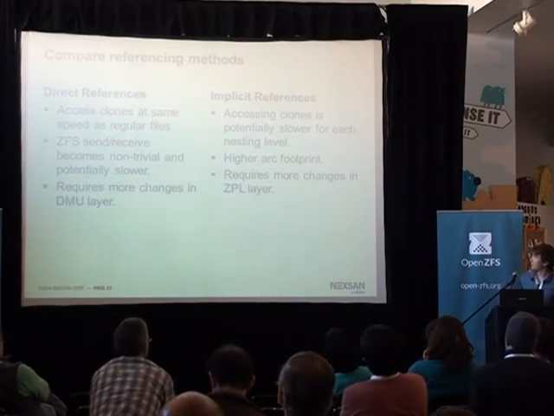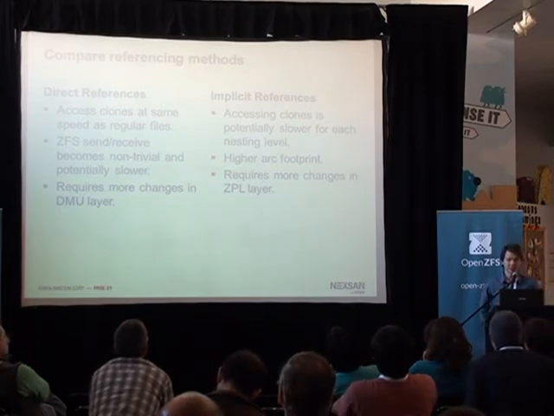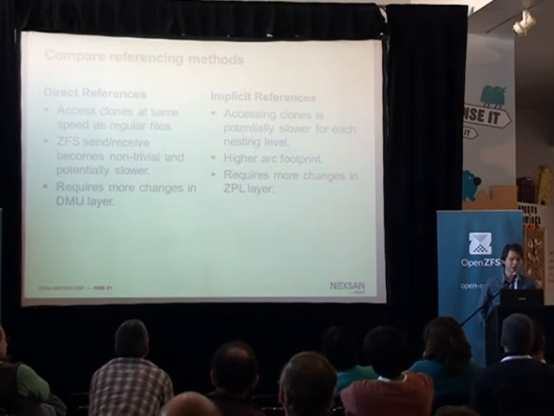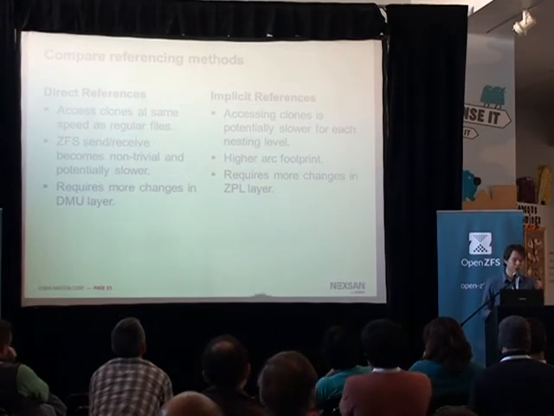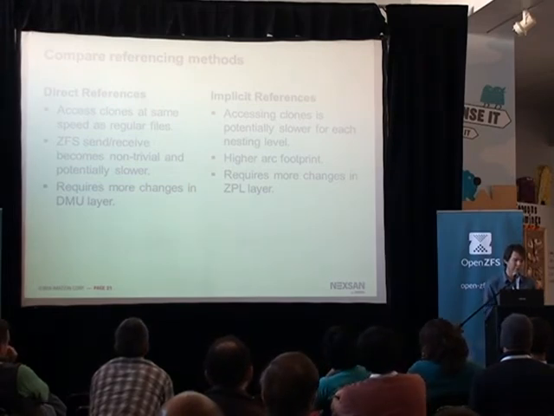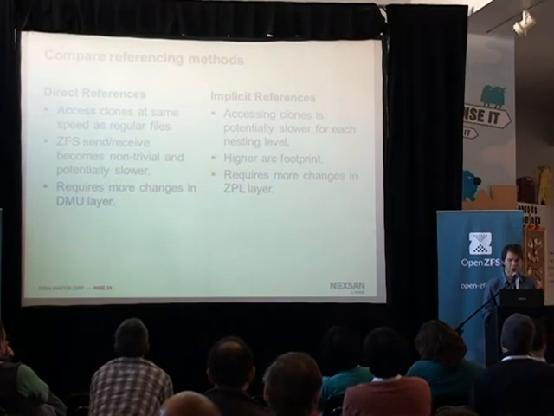For the implicit references, accessing clones is potentially slower for each nesting level, and we have a higher ARC footprint. Because right now, we have to traverse not only the clones but also the reference nodes, and some metadata blocks, reference nodes, might not be actually referenced in any of our real clones anymore. So we have a higher ARC footprint.